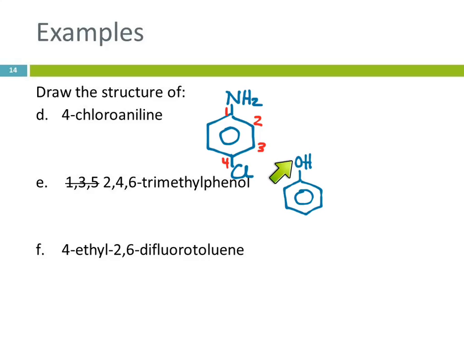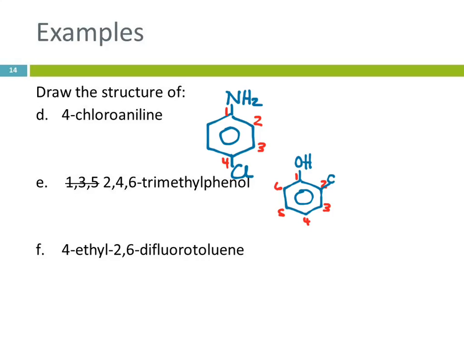Well, this needs to be considered number 1, because that's the parent compound. And the OH group is number 1. So this is 1, if we number clockwise, we get that. And then the methyl groups will be at 2, 4, and 6.